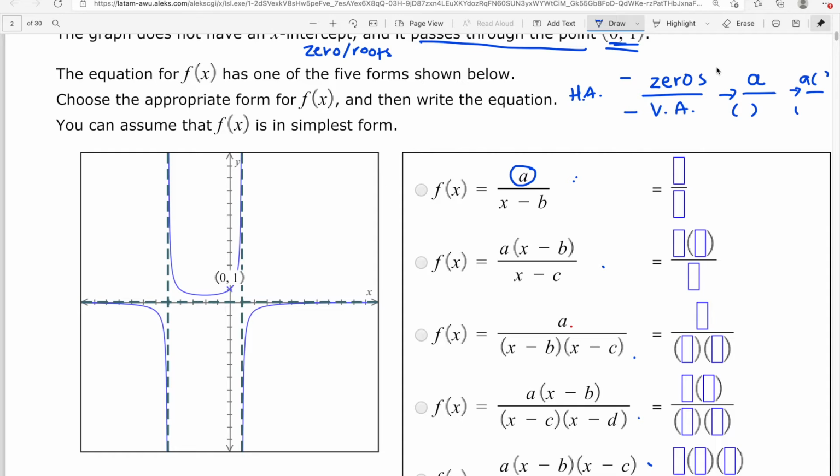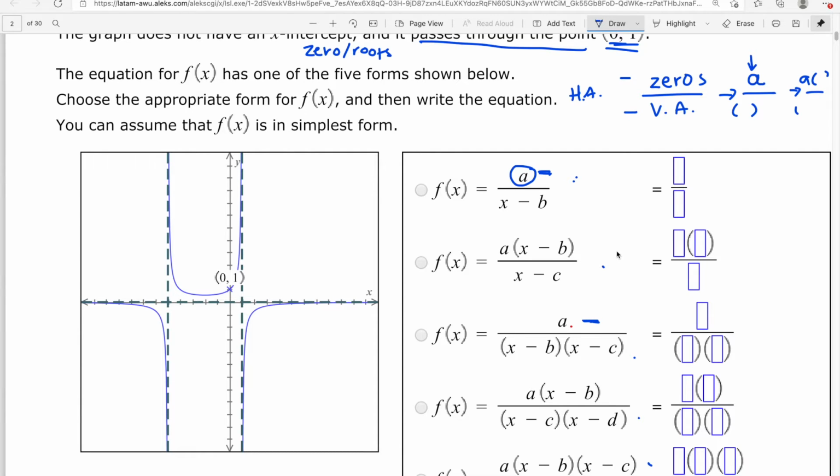Well, if we're not given any x-dot, we're gonna go with the a alone, okay? And now, how can we know which one? We know there are no zeros, and there's no x-dot, so it can be either this one or this one, right?